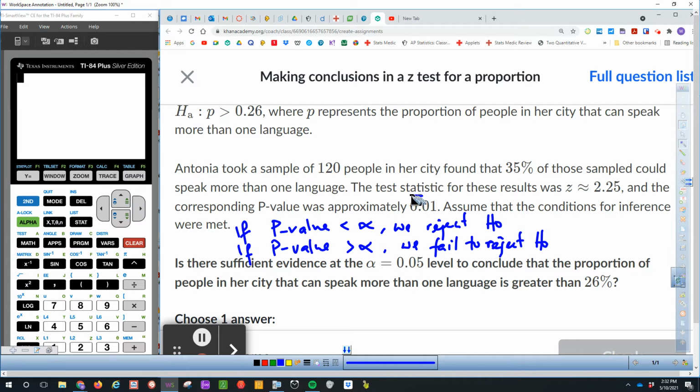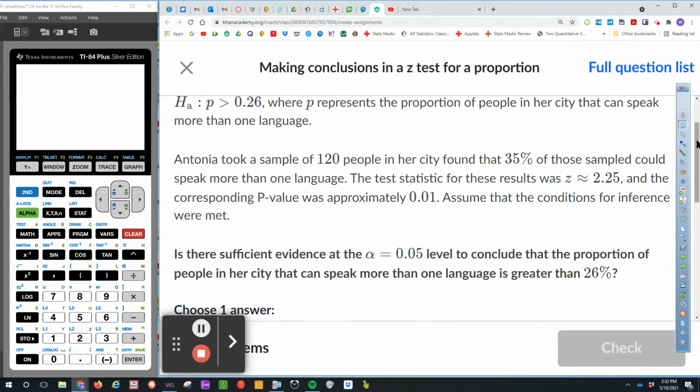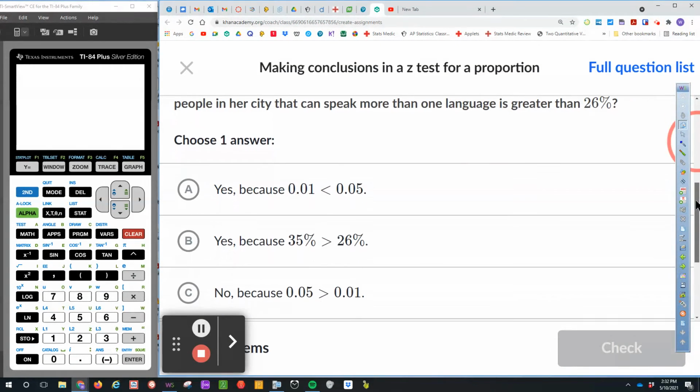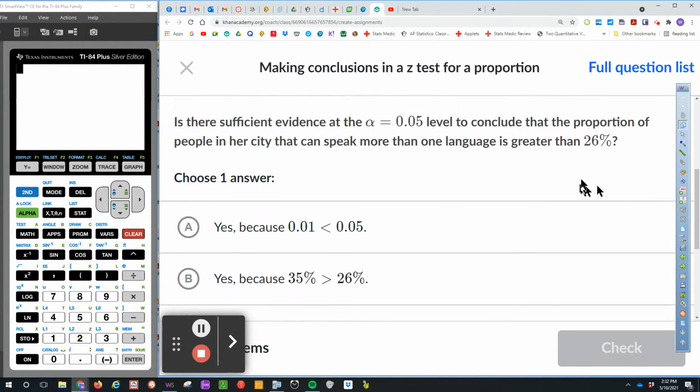So is there sufficient evidence? Check this out. Here we have the p-value is 0.01, and the alpha, the significance level, is 0.05. So it's obviously less. The p-value is less than alpha, so we reject H naught. So if we reject H naught, we are concluding that it's greater than 26%.